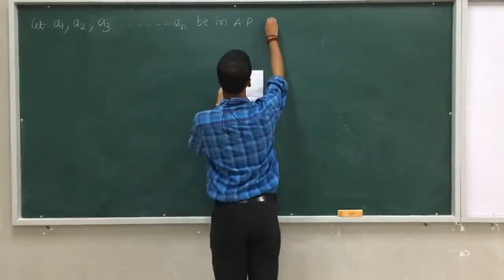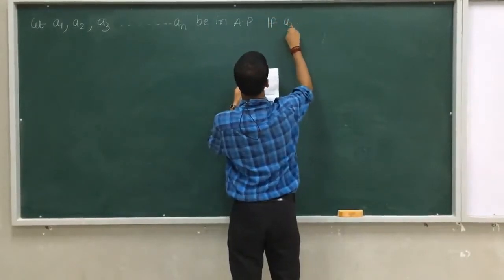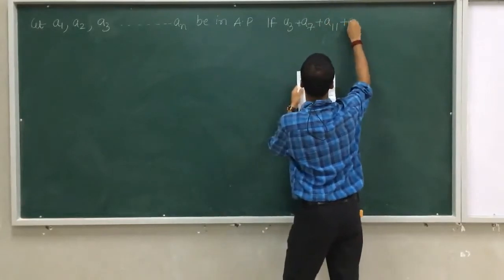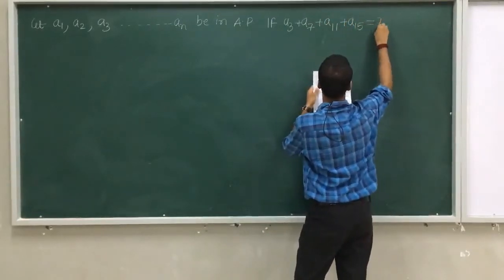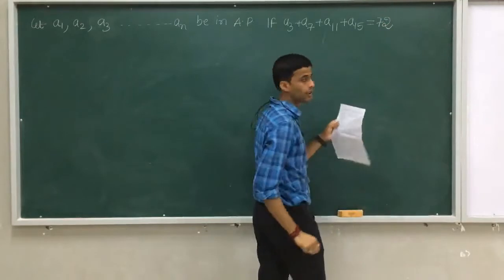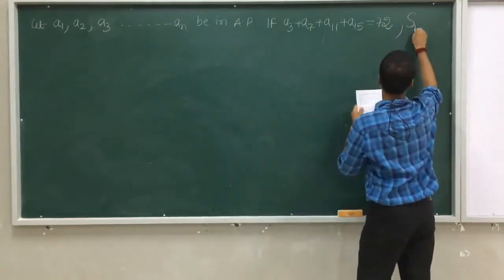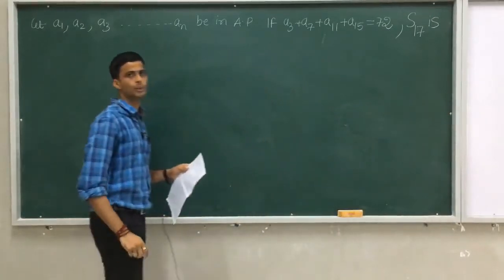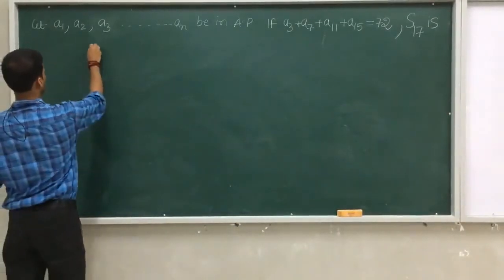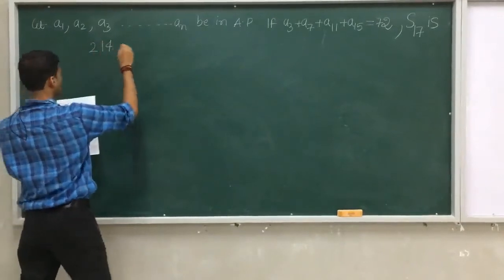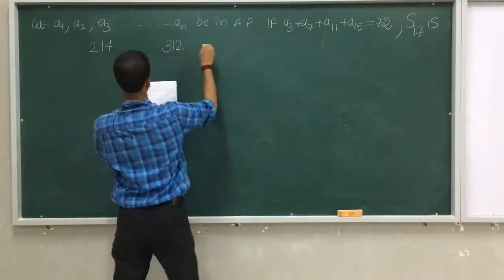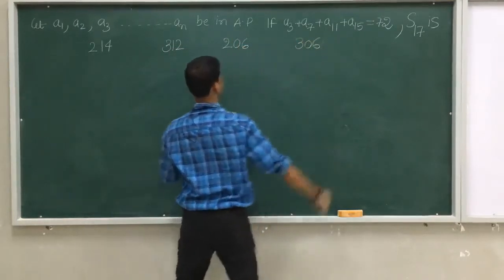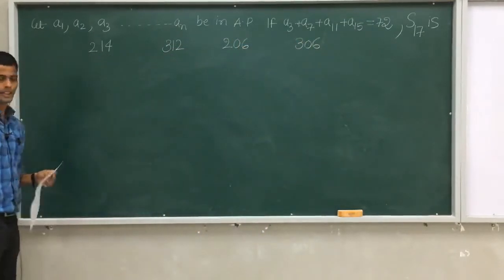If A3 plus A7 plus A11 plus A15 is equal to 72, then what is the answer of S17? They have given the options as 214, 312, 206, 306.